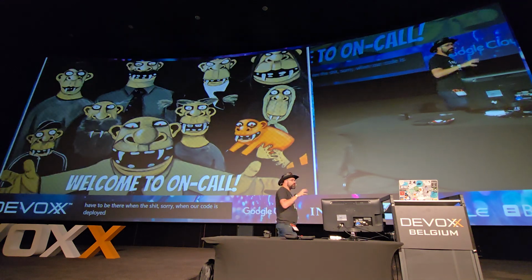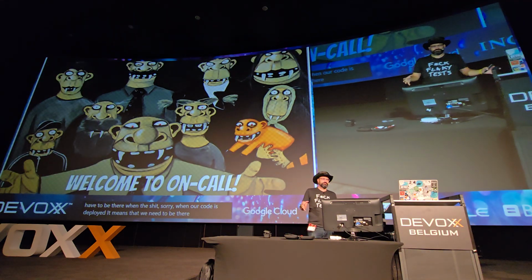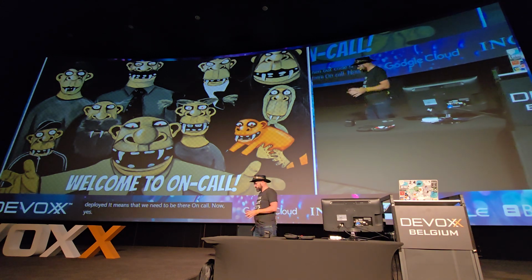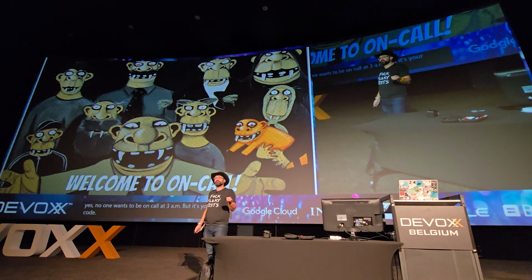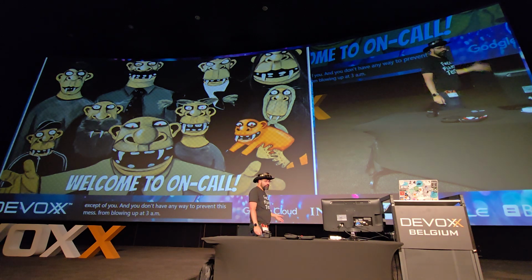It means that we need to be on call. Now, yes, no one wants to be on call at 3 a.m., but it's your code that's making a mess. No one else can be there except you. And you don't have any way to prevent this mess from blowing up at 3 a.m. in production, as we just spoke.